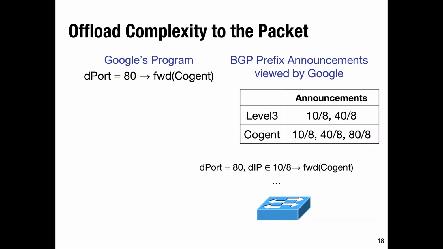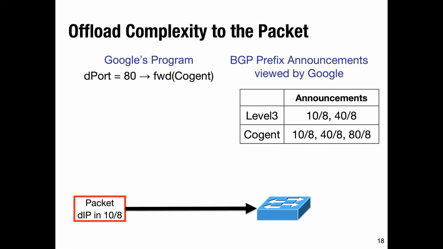So the key idea that SDX tries to follow is, why don't we offload the complexity to the packet itself, right? And this is a bit of a subtle argument, so bear with me. Right now, when we talk about program augmentation, we are pushing all the complexity on the switch. The switch will match on port 80, and it will match on all the IP prefixes that Cogent has advertised, so there is a huge inflation happening at the switch. The argument that SDX is making is, why don't we offload this complexity from the switch to the packet?